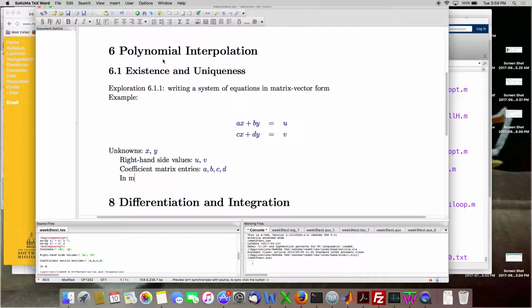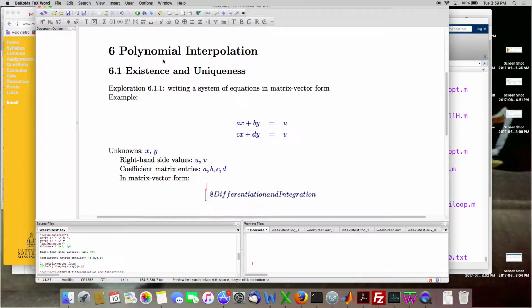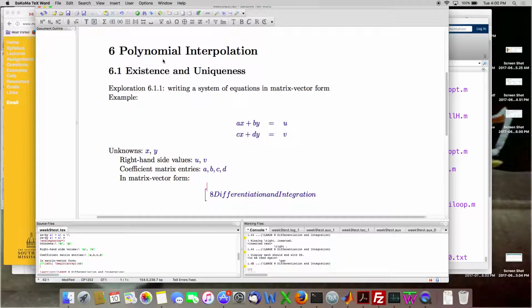So in matrix-vector form, here is how I would write out the same system of equations. It's looking a little screwy just because I'm in the middle of typing an equation.